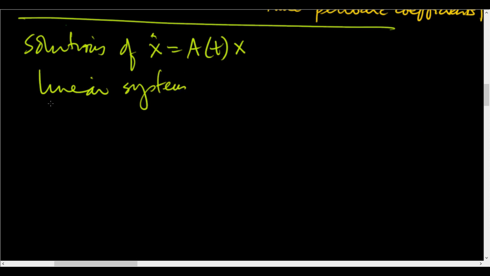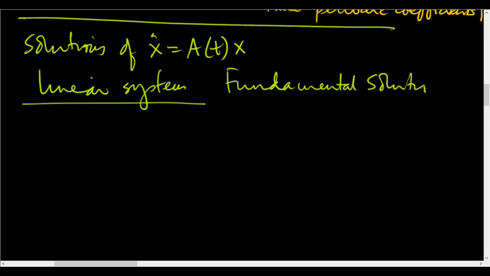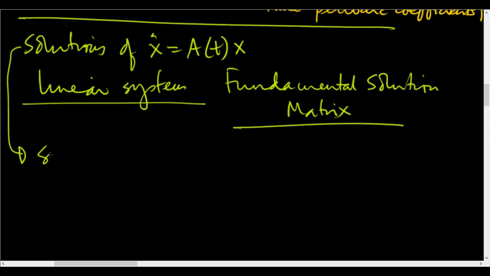So if you read the theory for linear systems of ODEs, then you will realize that we do something called the fundamental solution matrix, right? So this is an absolutely fundamental idea, but let us do it like this. Let us look at a special solution.